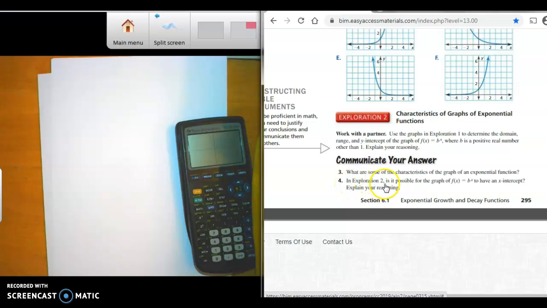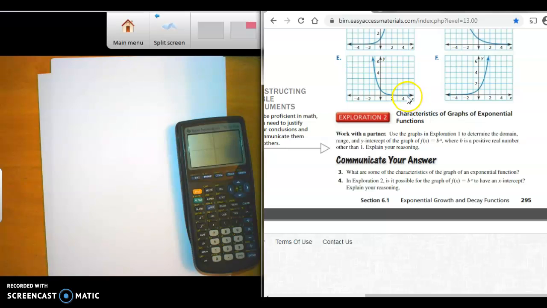On exploration 2, the fourth question. Is it possible for the graph of f of x equals b to the x to have an x-intercept? Explain your reasoning. There's no x-intercept because it's not going to touch the x-axis. It keeps going and going, but it will not touch it.